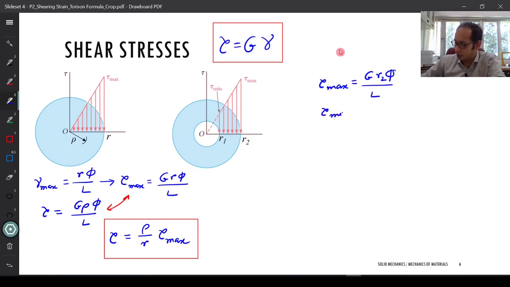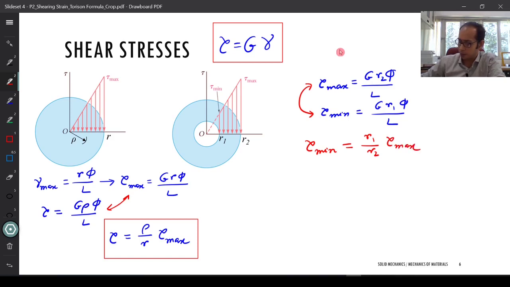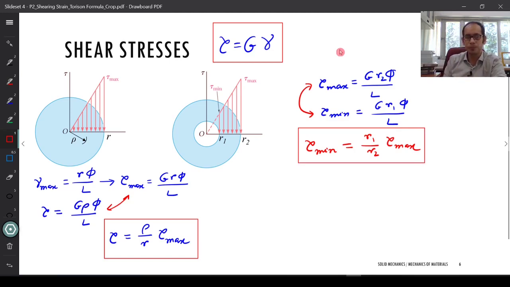Tau min is going to be G R1 phi by L. Now again, if you use these two relationships, what we will get is your tau minimum is going to be R1 by R2 tau maximum. So this is also a fundamentally important relationship, right?